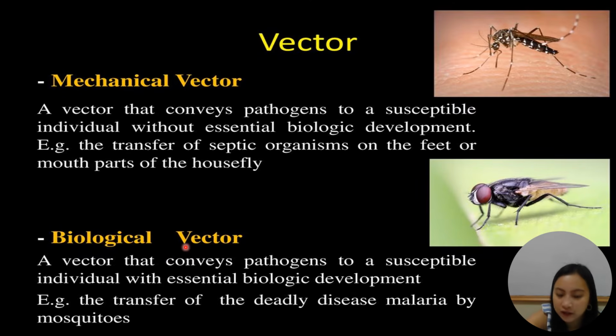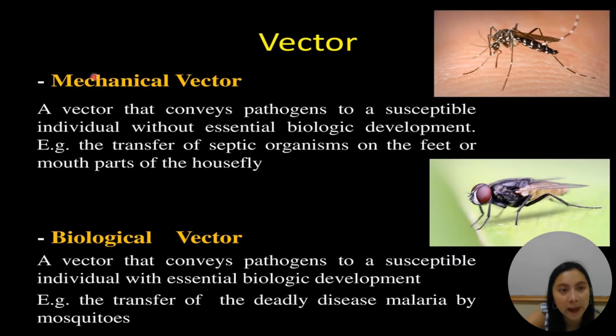A biologic vector, therefore, is an essential part of the parasite's life cycle. An example of this would be Aedes mosquitoes. They transfer deadly diseases like malaria or even dengue from one susceptible host to another. So you call that a biologic vector.